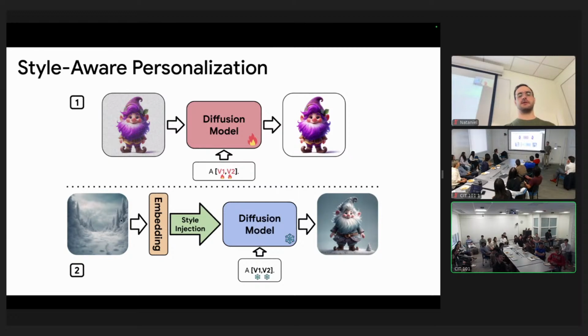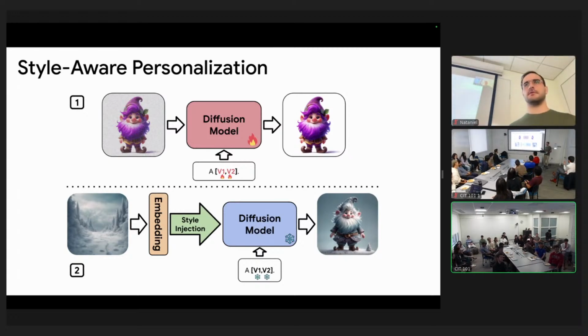So one thing we do here is we get the background where you want to insert the subject. We get an embedding of that background, and then we do style injection into the diffusion model. This is similar to IP adapter, and there's some work called InstantStyle, so it's pretty similar to that one as well, which basically selects a subset of blocks that you have in your UNet and only injects the IP adapter embedding into those blocks.